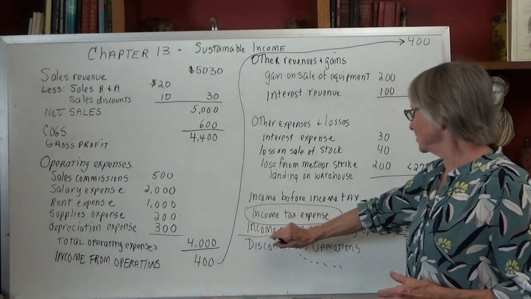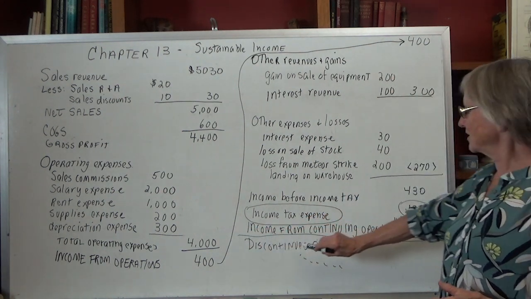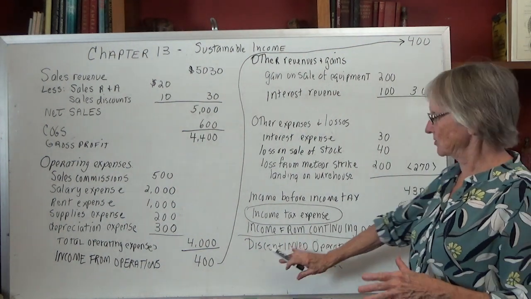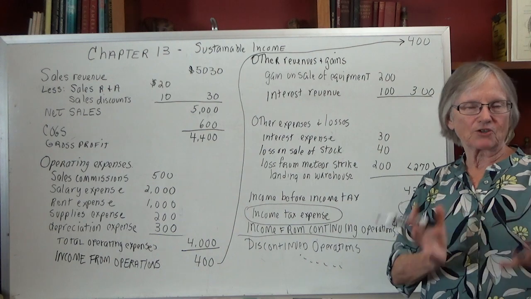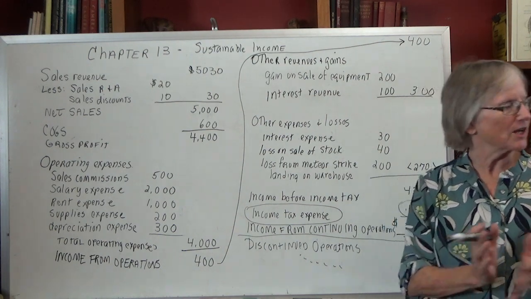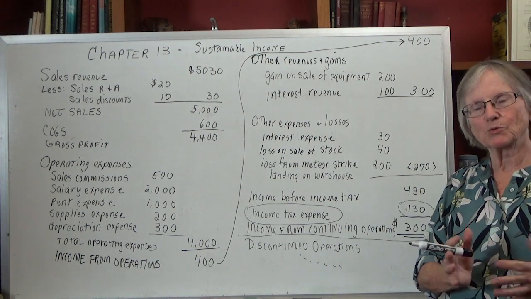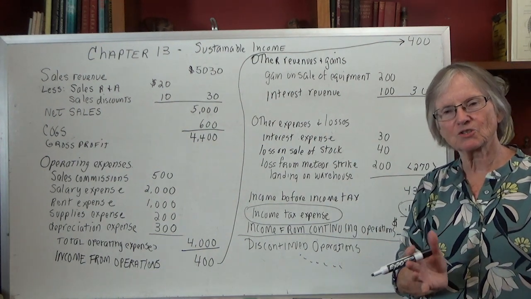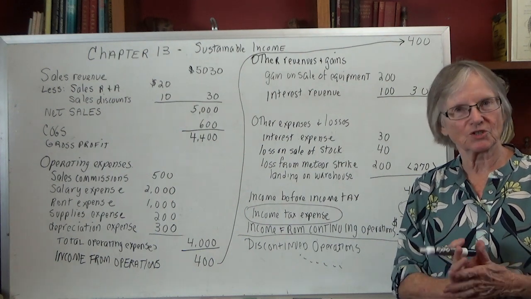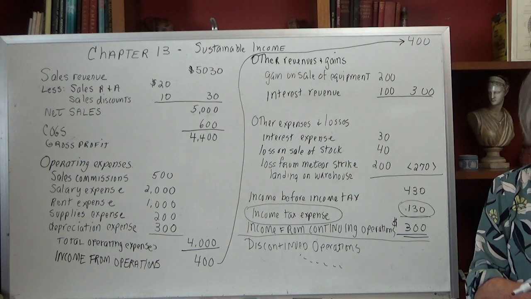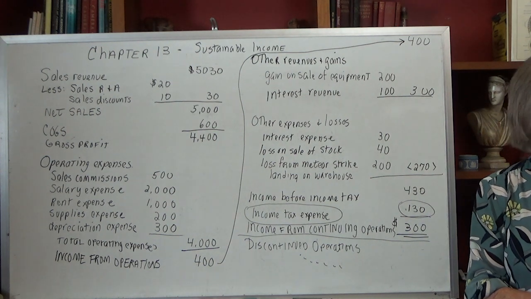Everything from this point down is shown net of tax. So you could sell off the actual plant, and that would be the gain or loss on that, net of tax. And if it were sold off, say in September, you would have had income or loss from that discontinued division. That would be shown as a separate item. And eventually, after your discontinued operations, you come down to net income.